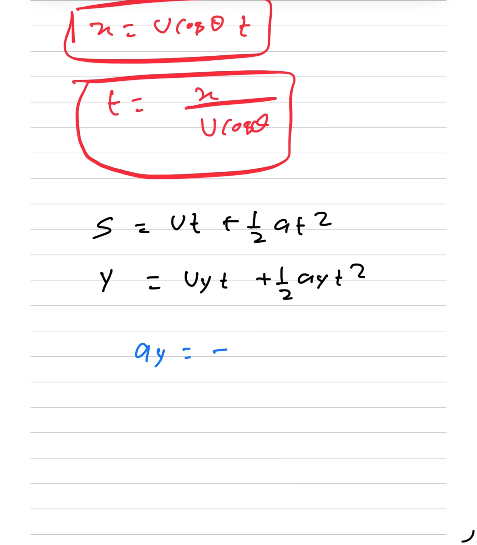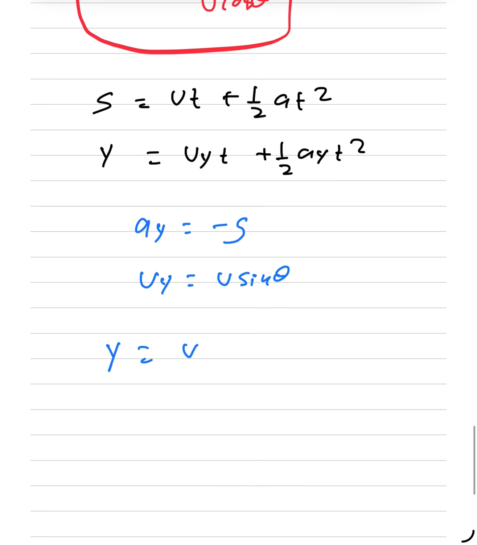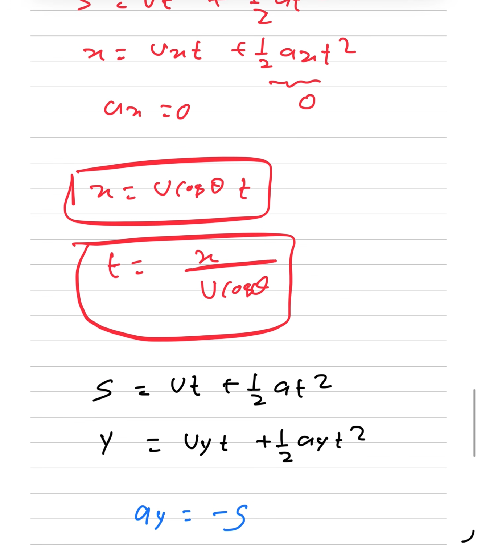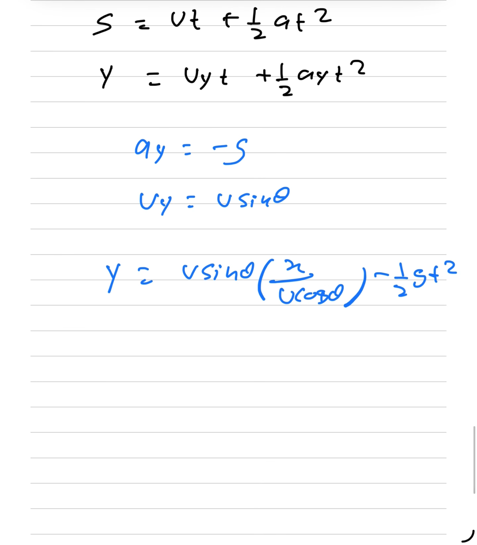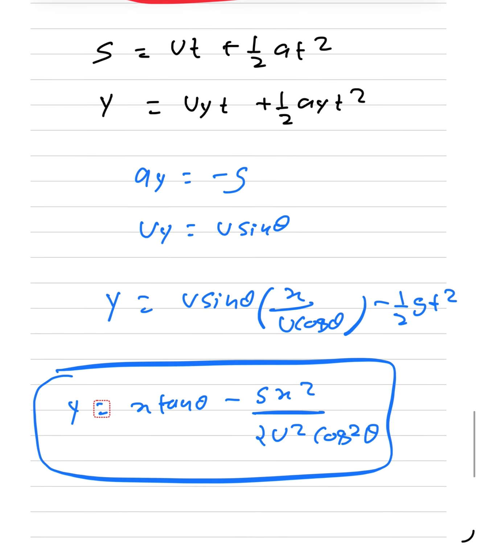Using the values, ay equals -g and uy equals u sin theta, so y equals u sin theta multiplied by x divided by u cos theta minus 1 by 2 g t square, and putting the value of t here, finally y equals x tan theta minus g x square divided by 2 u square cos square theta.